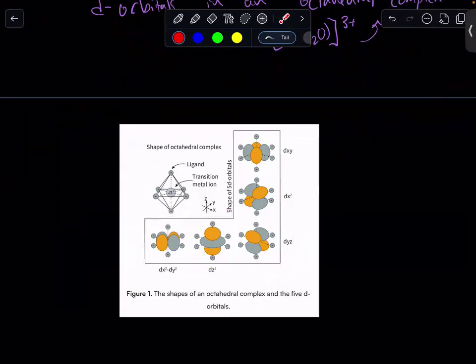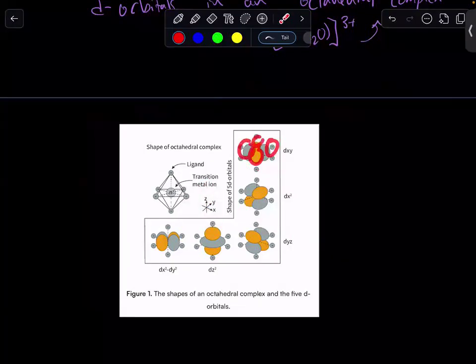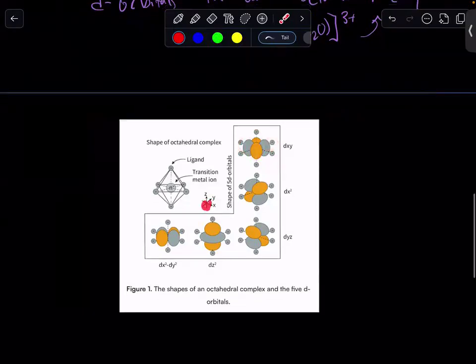A couple things you'll notice is we have a coordinate plane here, z, y, x. And you'll notice that dxy isn't fully on the coordinate plane. They come out between the x and y. That is why it's called dxy, because these orbitals fit between those axes.